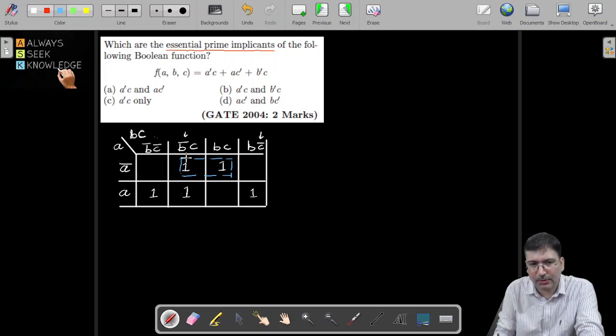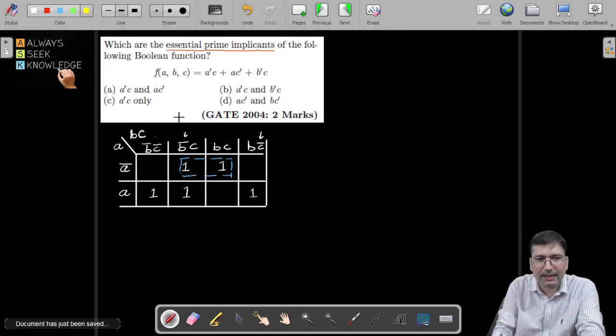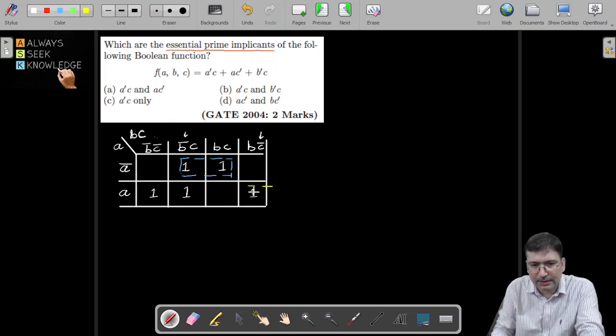It can be the member of this group or this group, but this one is also having two possibilities. It can be the member of this or it can be paired like this. So because this one is having only one possibility, that should be paired like this, because there is no other pairing possible. So you can pair it with this one, right?